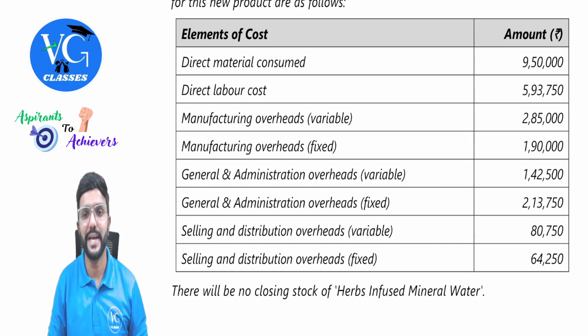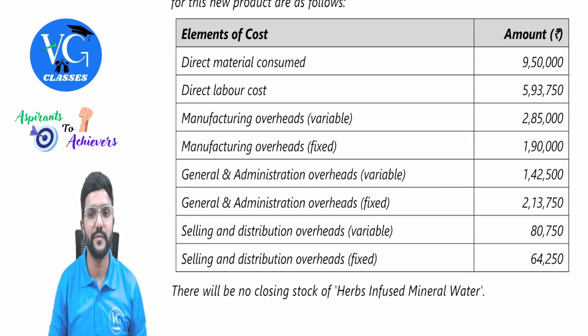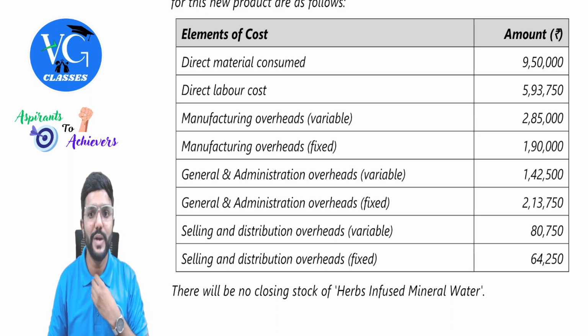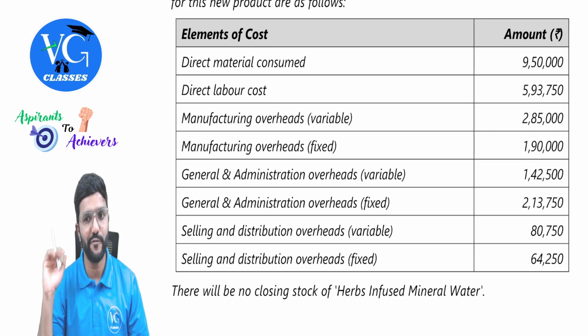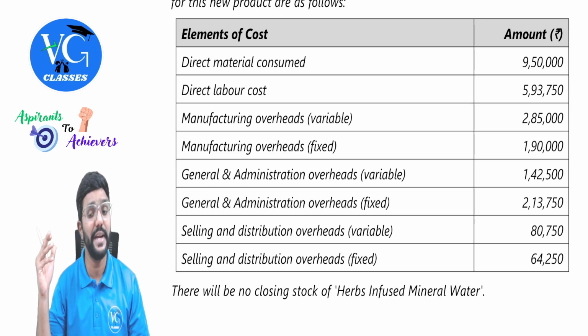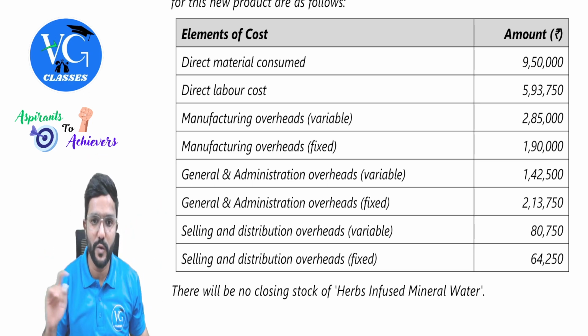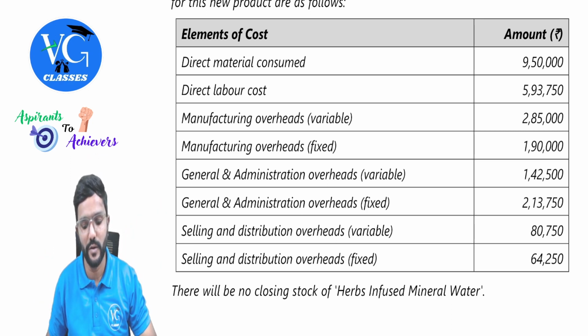Direct material consumed 9,50,000, direct labor cost 5,93,750, manufacturing overhead variable 2,85,000, manufacturing overheads fixed 1,90,000, general and administrative overhead variable 1,42,500, general and administrative overhead fixed 2,13,750, selling and distribution overhead variable 80,750, selling and distribution overhead fixed 64,250. There will be no closing stock of herbs infused mineral water.